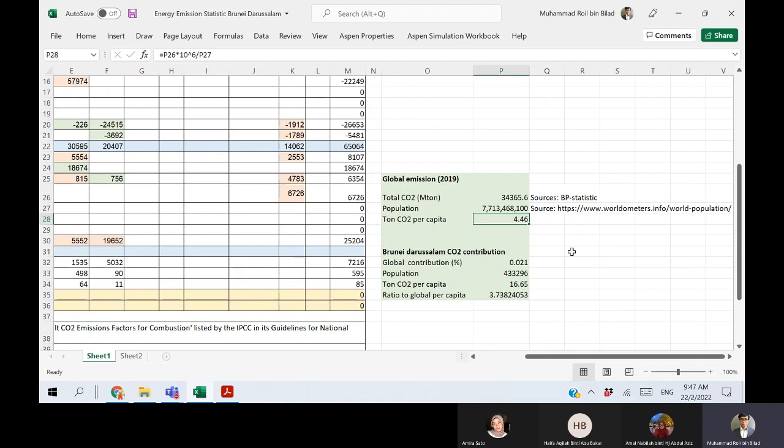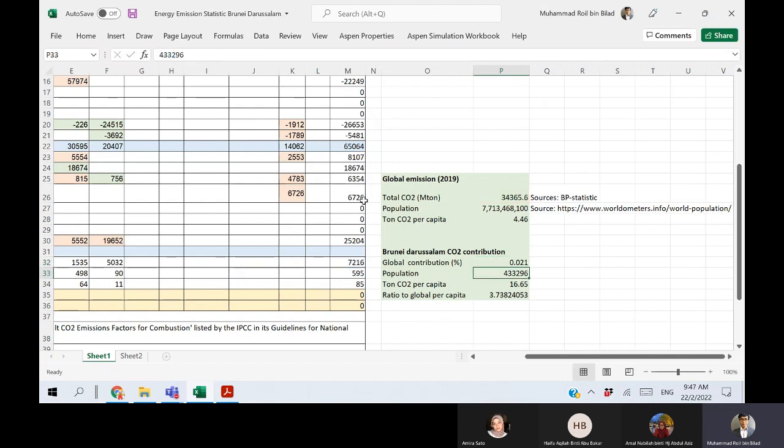And then when you look into Brunei Darussalam, I take the fraction of our consumption divided by the global one, of course using the same unit. This one is in kiloton, so I make it into million tons here. I divide by this one and multiply by 100%.